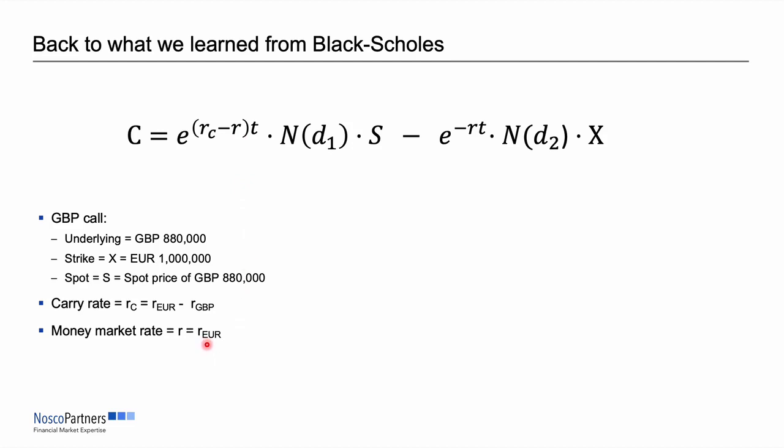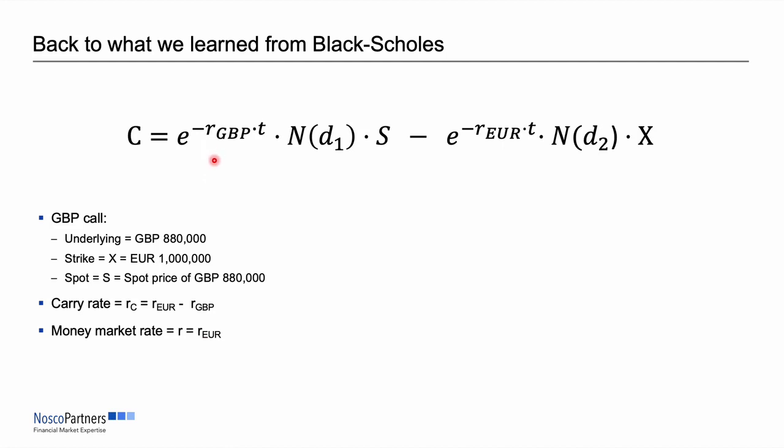So if I fill this in, the formula simplifies here to the first discount rate being just the pound rate, and the second discount rate being the euro rate. But for our purposes, this is not too important. What is important now is that I can interpret this equation as an equation between positions.